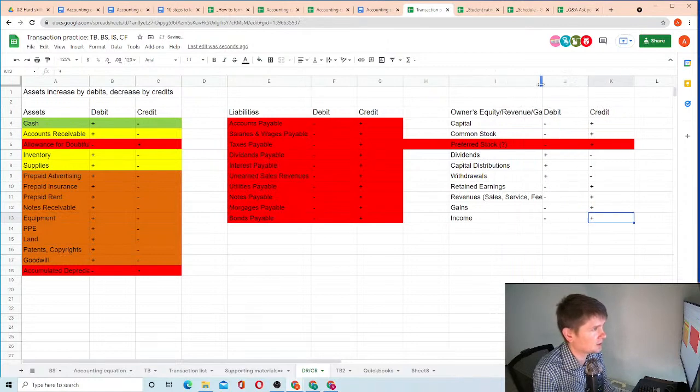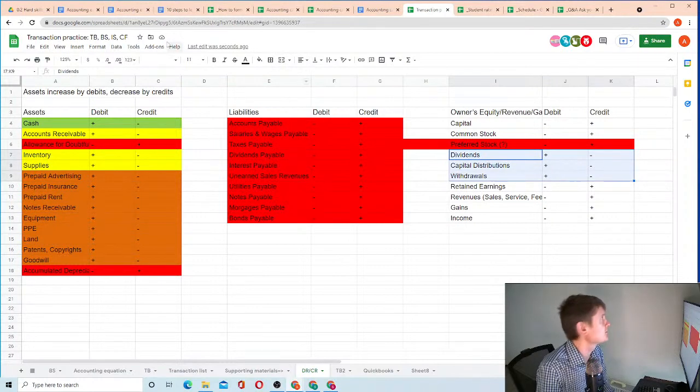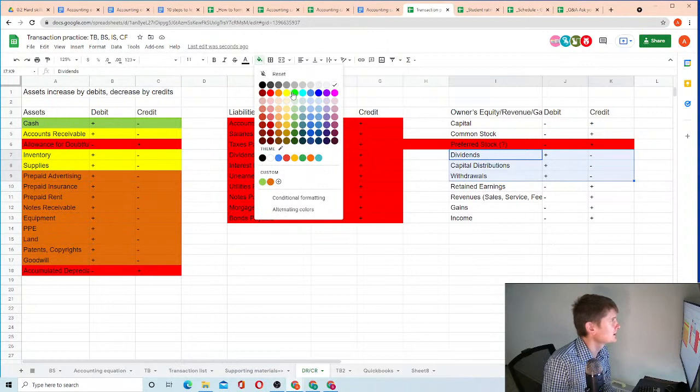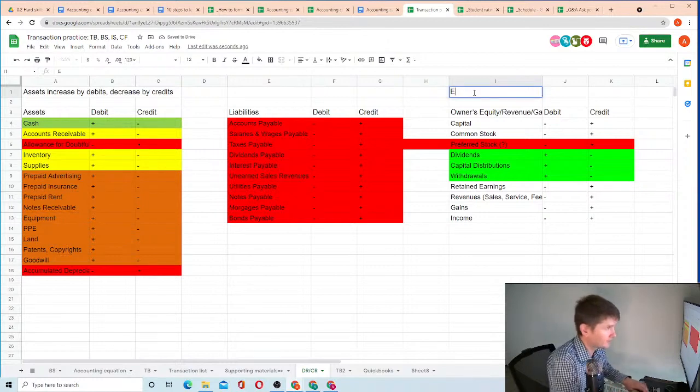it can get a bit complicated here. Let me highlight that part, and that part I will highlight with green. So equity increases with credits.